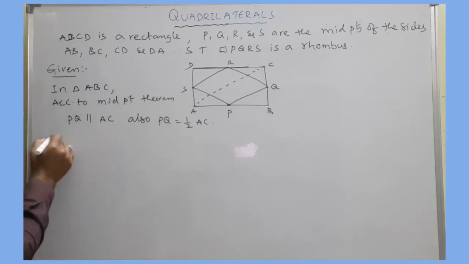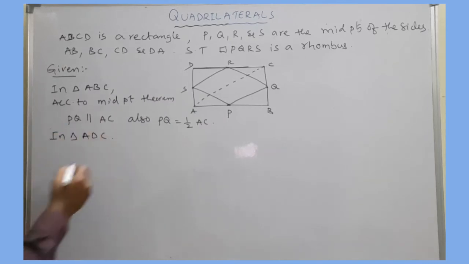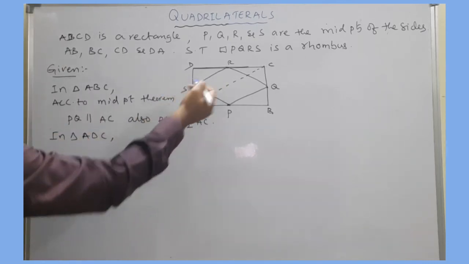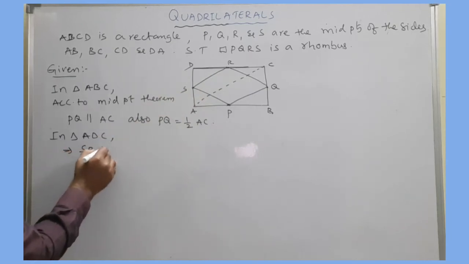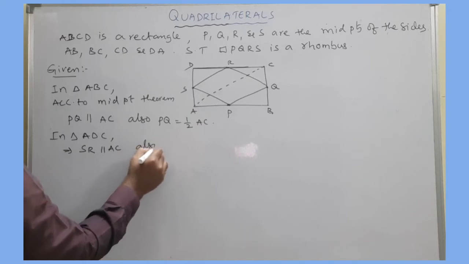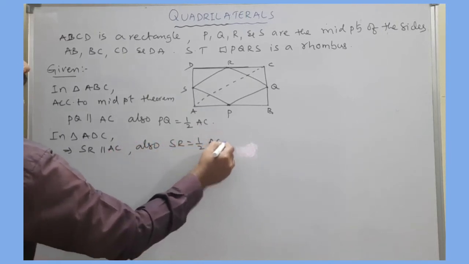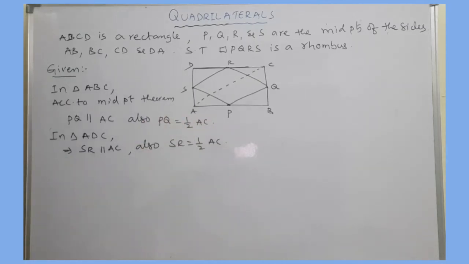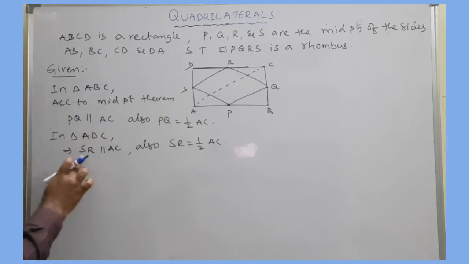Next, in triangle ADC, once again by the midpoint theorem, SR is parallel to AC, and moreover SR is equal to half of AC. So PQ is parallel to AC as well as SR is parallel to AC.